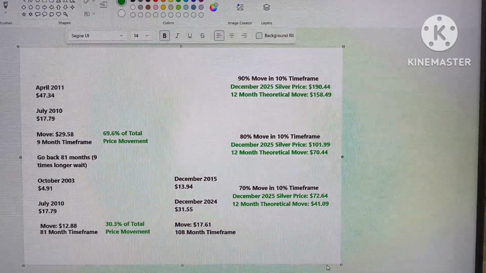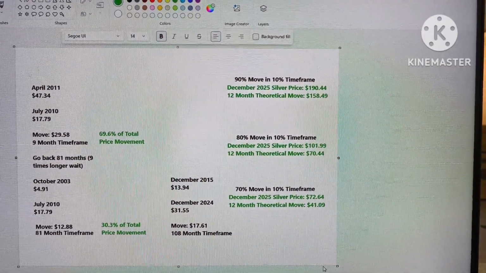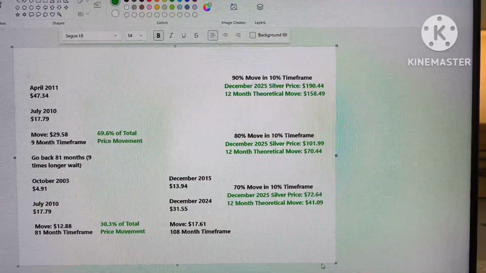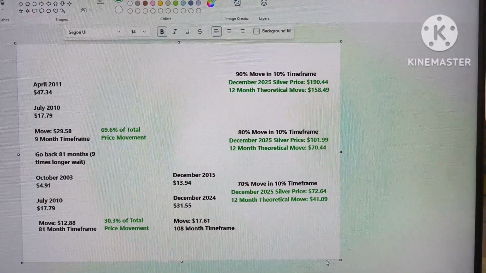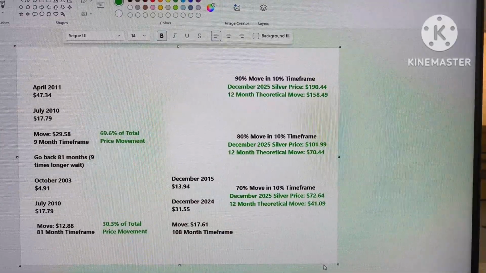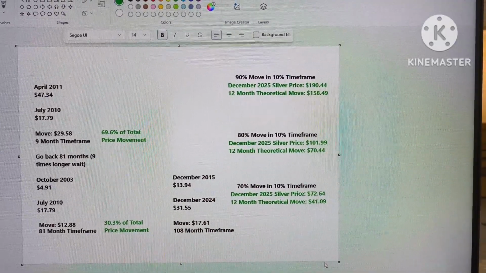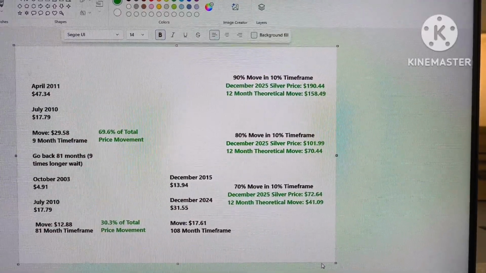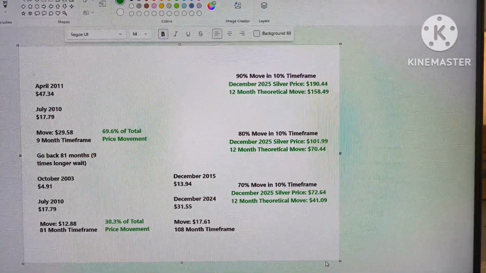And if you had come in at that price level, well, today you've seen in 108 months, 9 years, from December 2015 to December 2024, a price move of $17.61 down there at the bottom over 108 months.